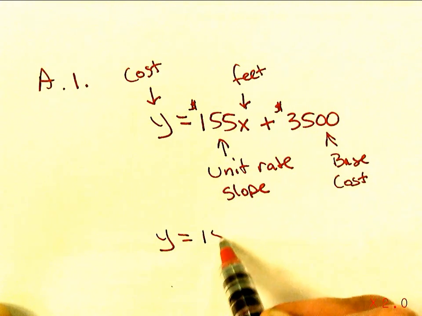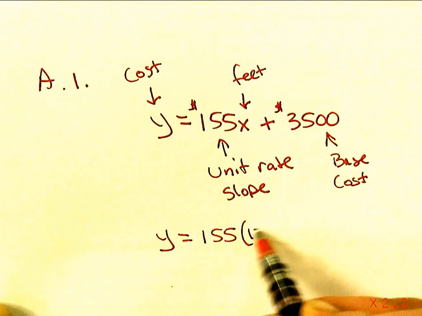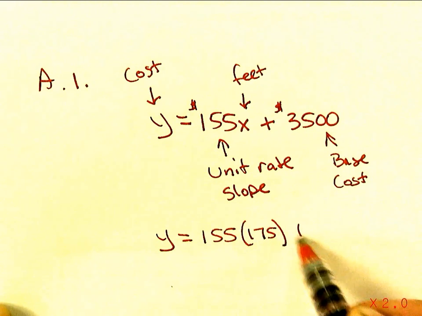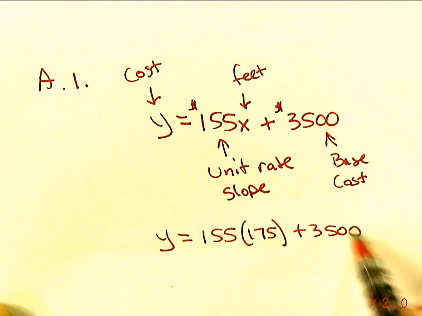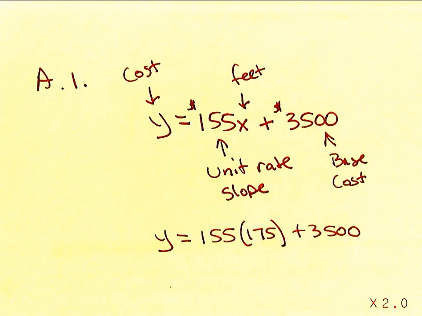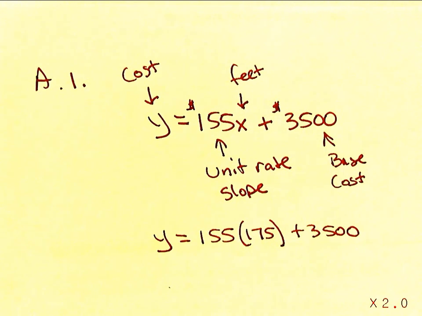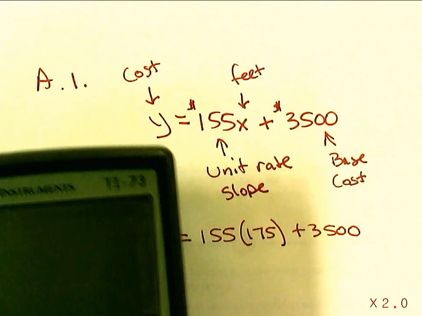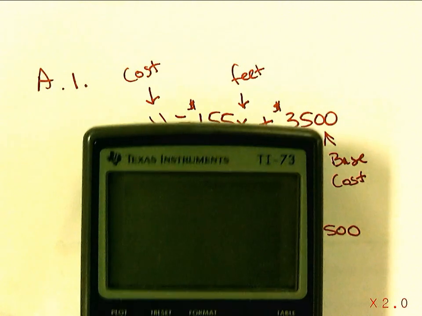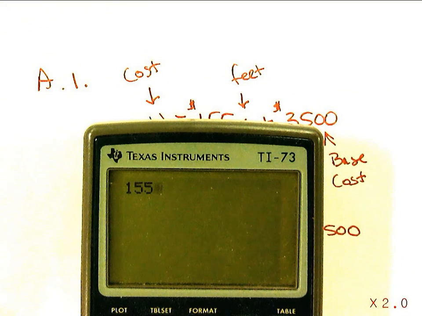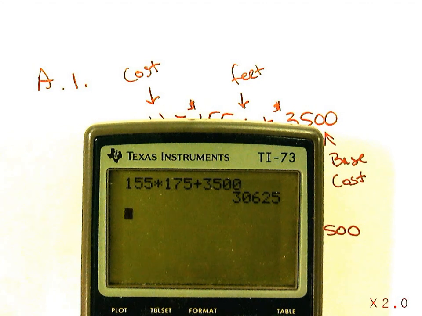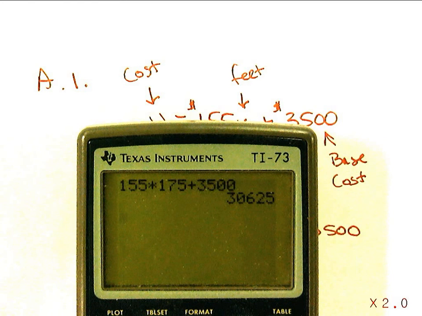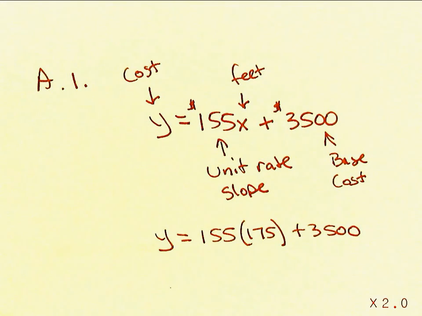Y equals 155 times 175, that's the feet of the bridge, plus the 3,500. I'm going to let my calculator do the hard work for me here. So I have 155 times 175 plus 3,500, and it looks like it's $30,625, which is what I kind of estimated anyway. So now I have a little bit better answer.